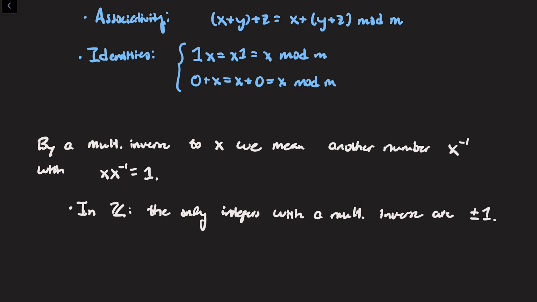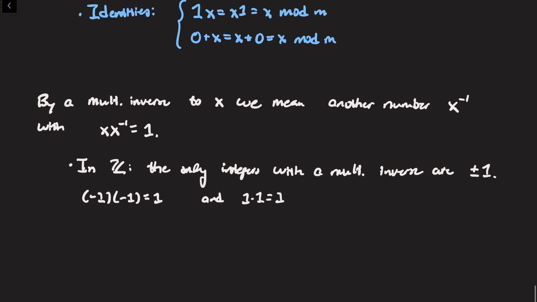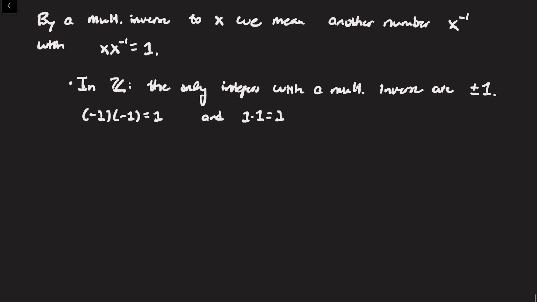So for instance, minus 1 times minus 1 is 1, and 1 times 1 is 1. No other integers have multiplicative inverses in the set of integers. So what we do, we expand our view to this set. So for other integers to have multiplicative inverses, we go to the rational numbers.